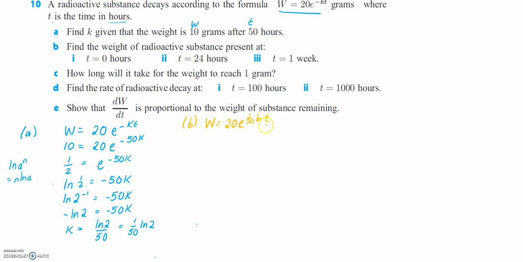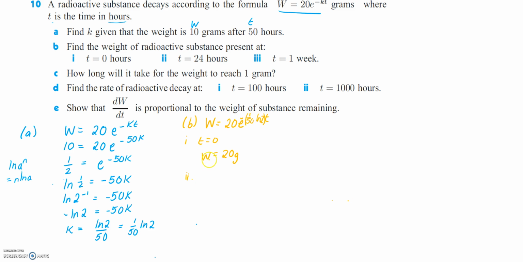So when t equals 0, for part 1, we end up with e to the 0, which is 1. 0 times anything is 0, so e to the 0 is 1. 1 times 20, we get 20 grams. For part 2, that should actually be a minus there.